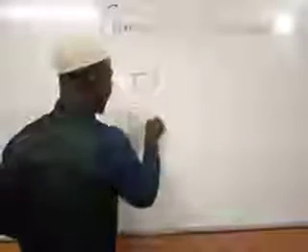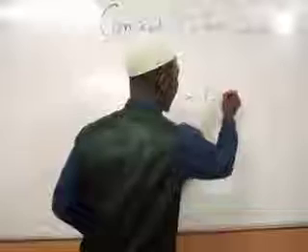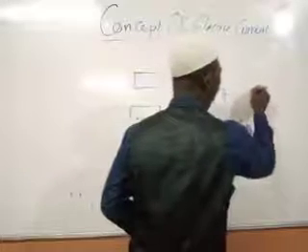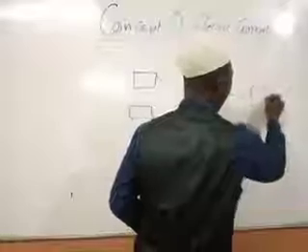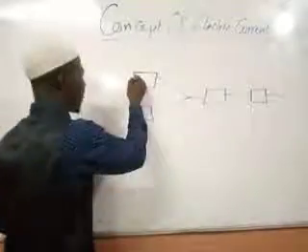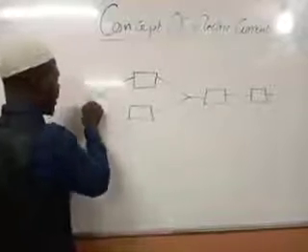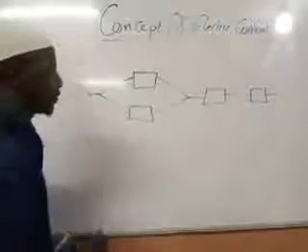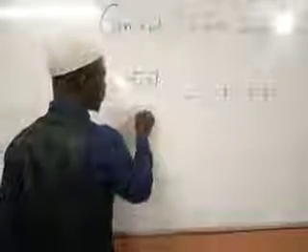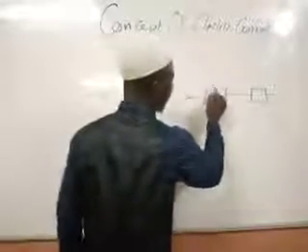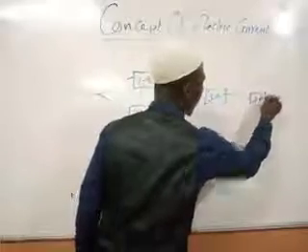This one, then this one, joined together, then this one, then this. Now this one, like this. So if this one is 2 ohms, and these are 3 ohms, 3 ohms.